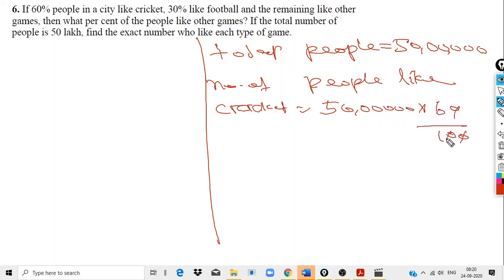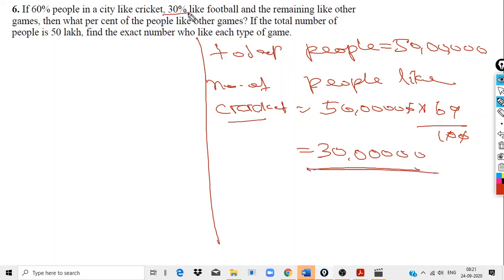Cancel 1 zero, cancel another zero here. You have 6 fives are 30, then count the number of zeros: 1, 2, 3, 4, 5. That means 30 lakh people like cricket.